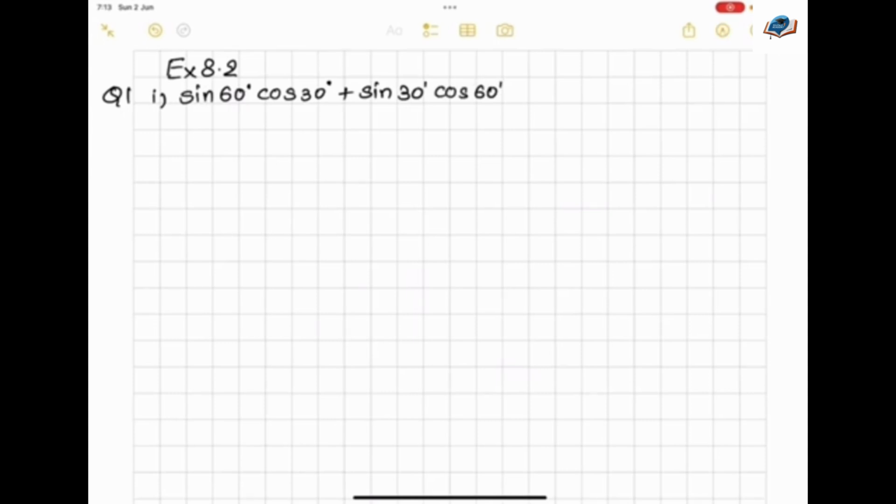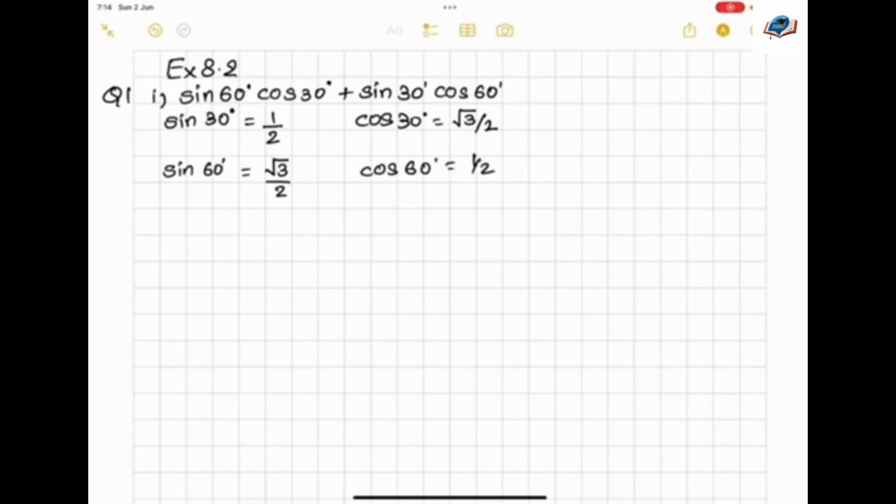We will be using the sine theta and cos theta table. Sine 30 equals 1 by 2, sine 60 will be root 3 by 2, cos 30 will be equal to root 3 by 2, and cos 60 will be 1 by 2.